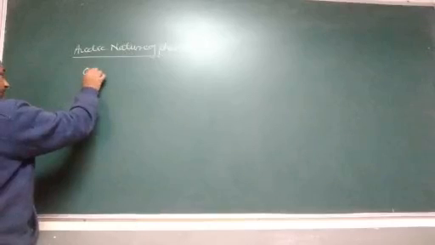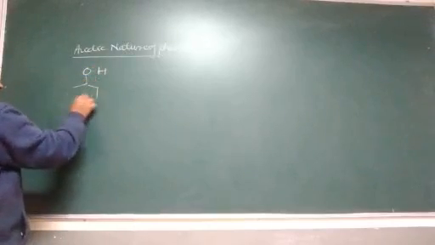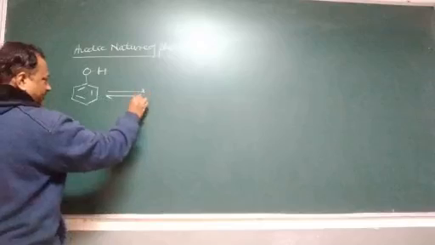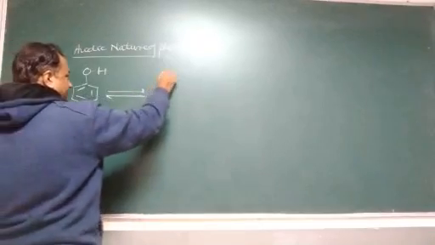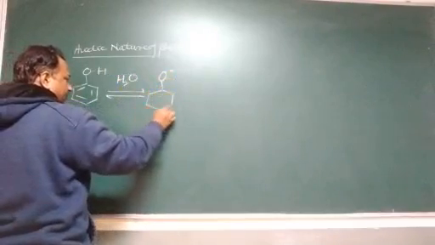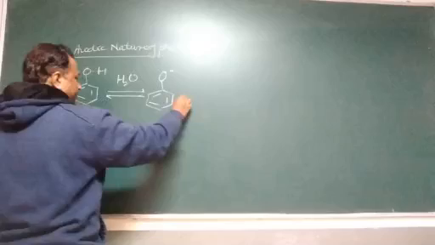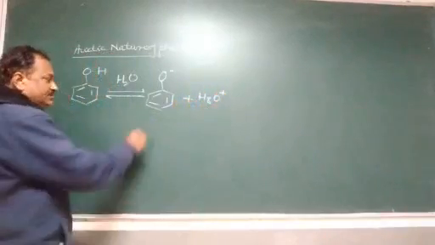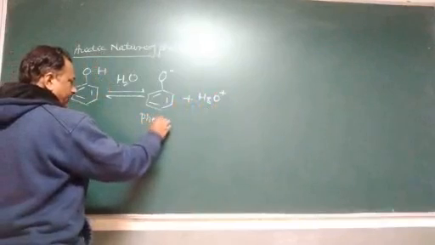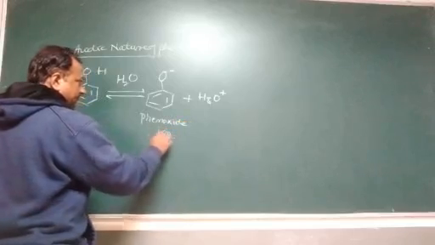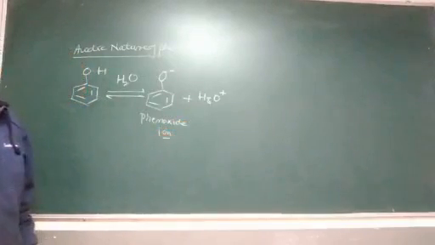Now this phenol is stabilized by resonance, and there is the formation of the phenoxide ion. This is the phenoxide ion. How is it stabilized?